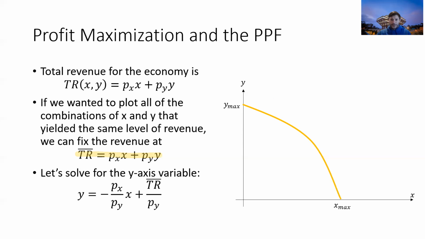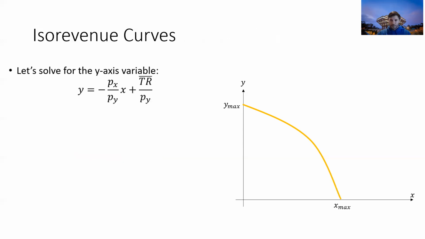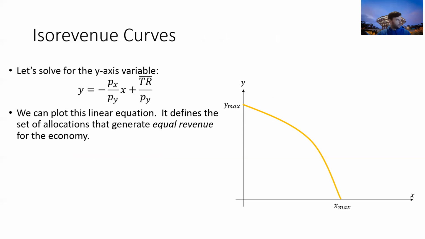Okay. Now, the vertical intercept. In fact, let me just move this to the top of the screen. The vertical intercept, if we plotted this equation, I'm going to refer to this as an iso revenue curve. Iso means equal, right?